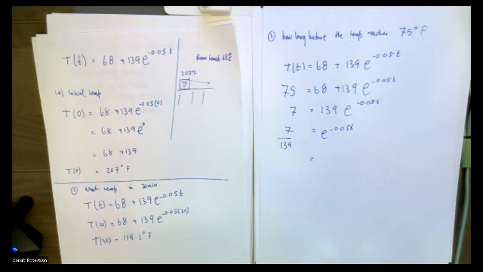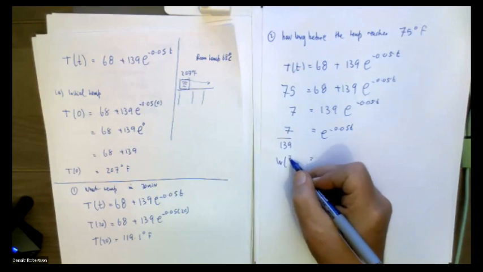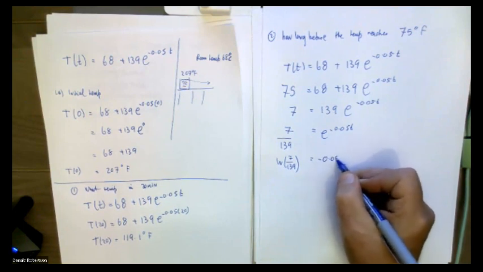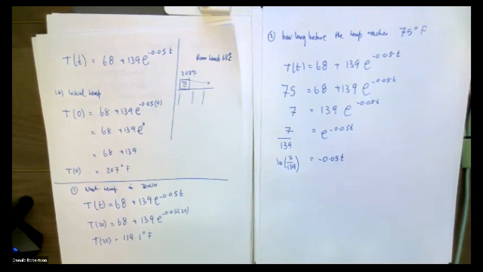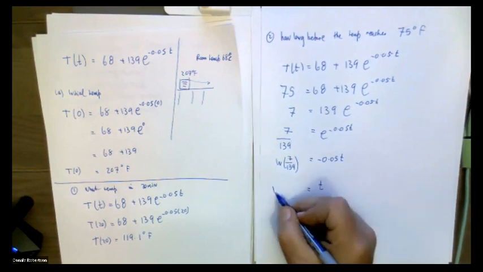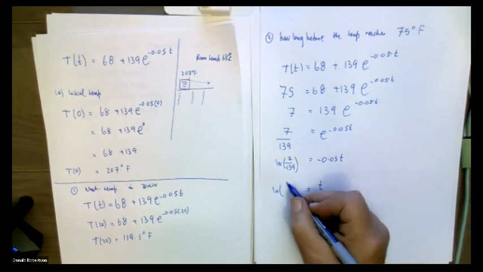I'll give you a few moments to think about it. What are we going to do to both sides now? Yep, we're going to take natural log of both sides. And taking the natural log of that, using the shortcut, you would eventually get that. And then last but not least, you divide both sides by negative 0.05.